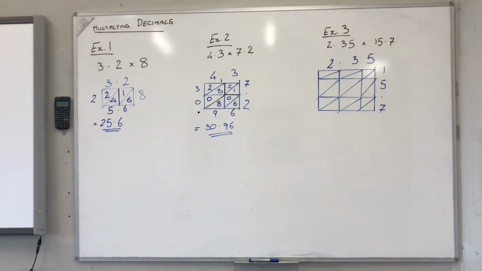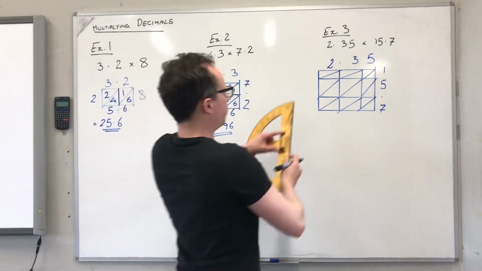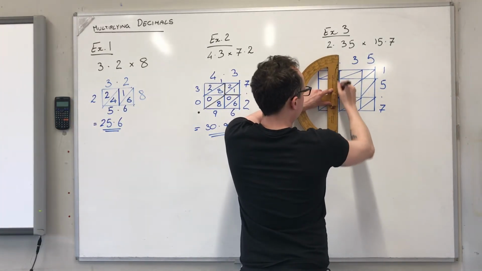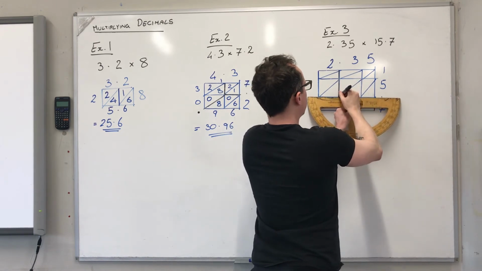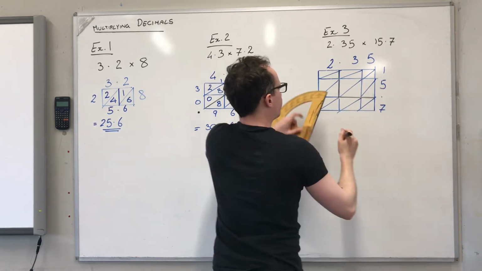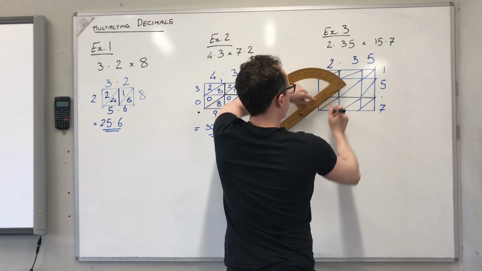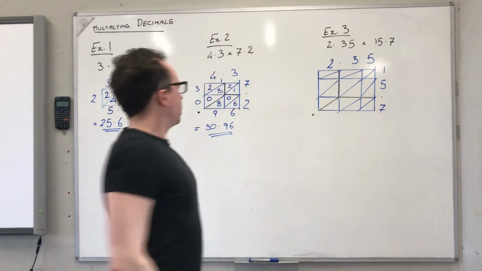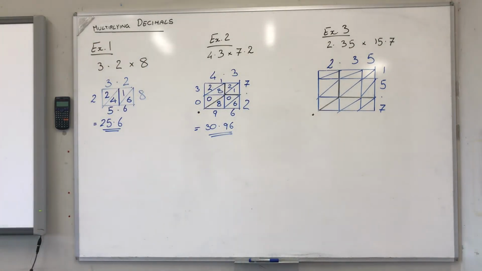There we go. Now what I'm going to do is follow where the lines of the decimal points are. So there we go. Hopefully we can see that that's where they meet.